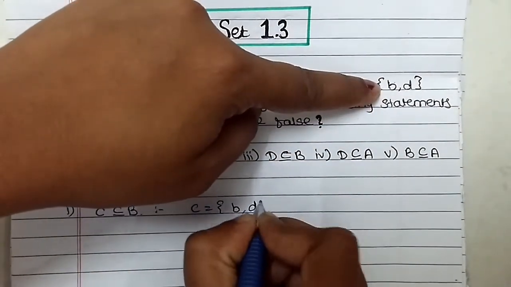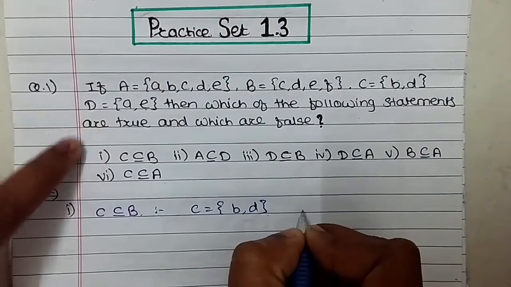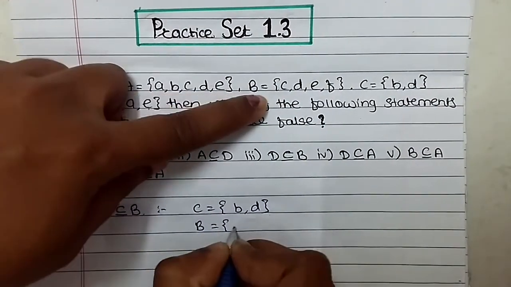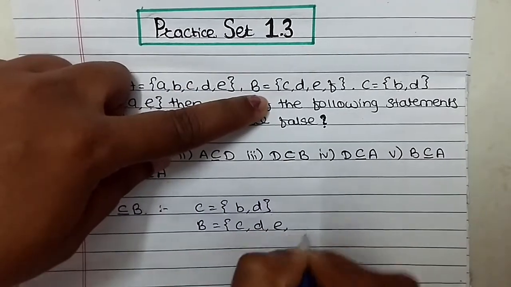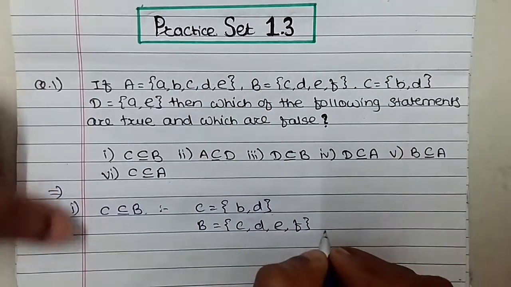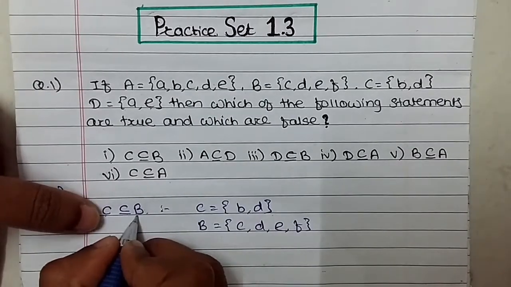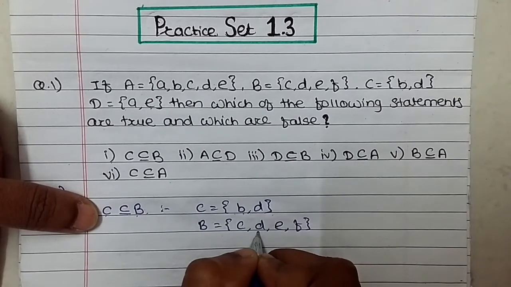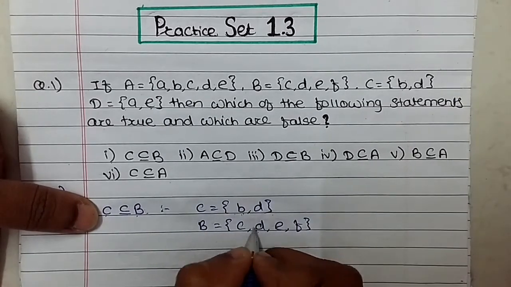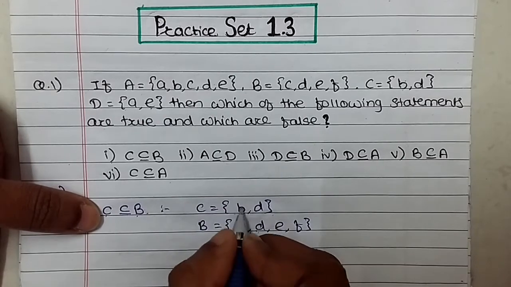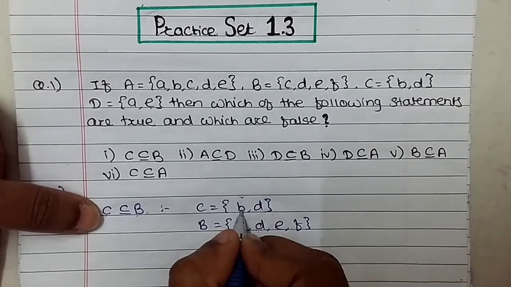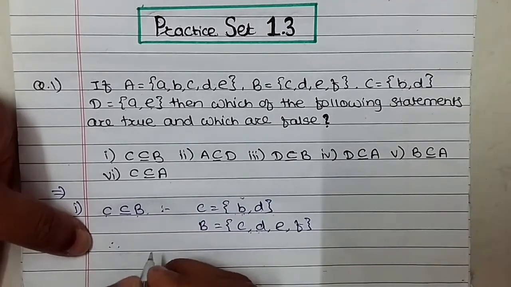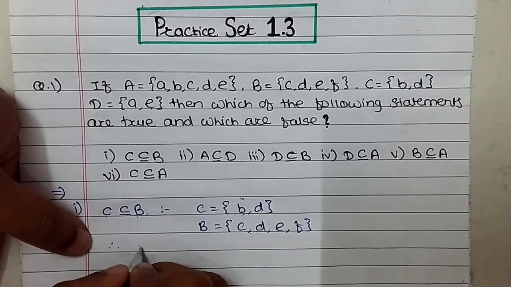B and D. Then write down the B set: C, D, E, F. We want to check whether C is a subset of B, so check whether all the elements of C are present in B. Is b present in set B? No, it is not present. D is present but b is not present. Therefore the given statement is false.